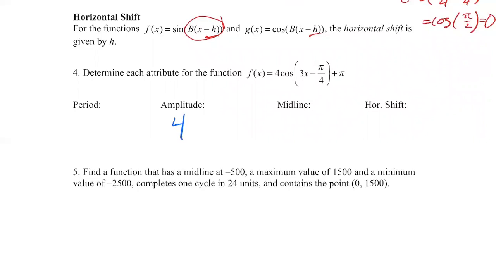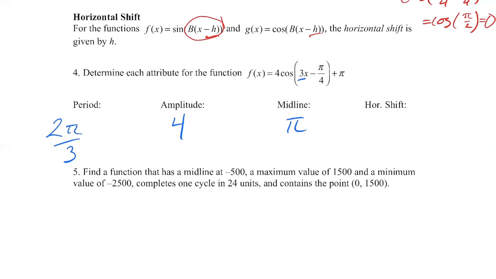We know that the midline is going to be pi. Based on what we did up above, the item being multiplied by x is 3, so I think we can get the period by saying it's 2 pi over 3. And I'll tell you that is, in fact, correct.